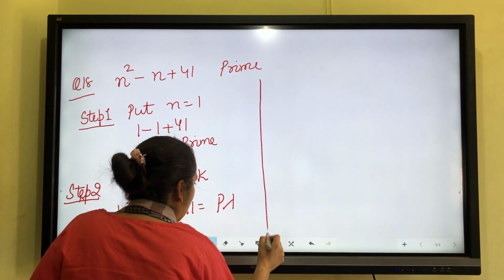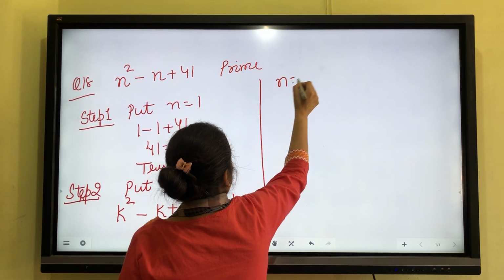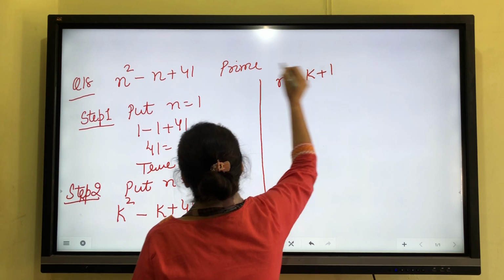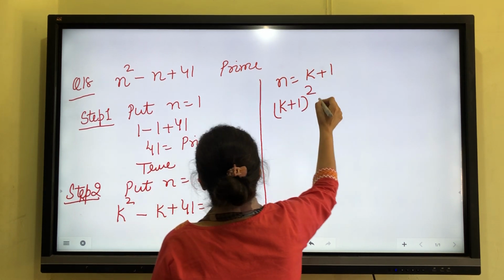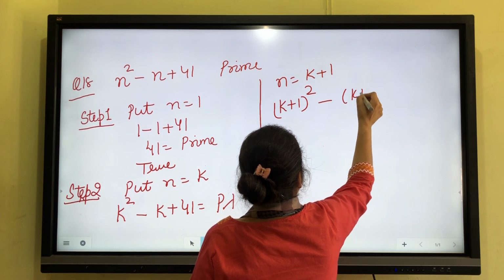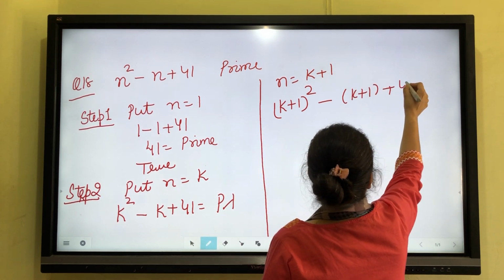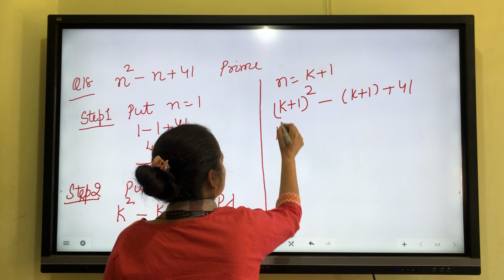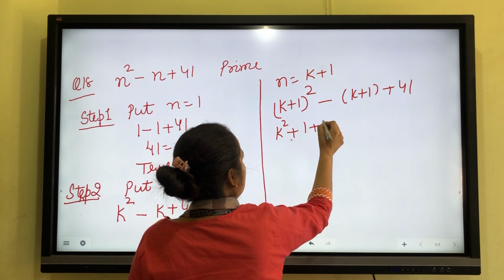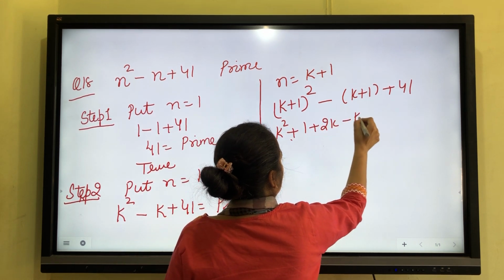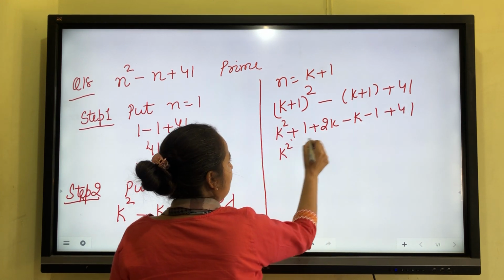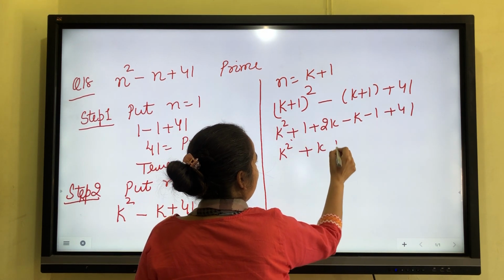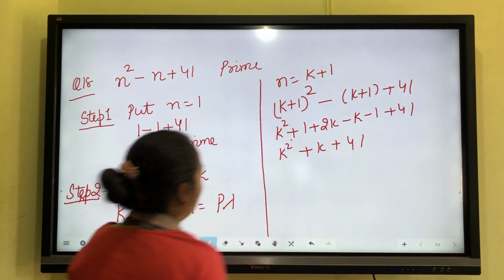Put n is equal to k plus 1. k plus 1 whole square, minus k plus 1 plus 41. k square plus 1 plus 2k. I am opening the whole square here. k square plus k plus 41.